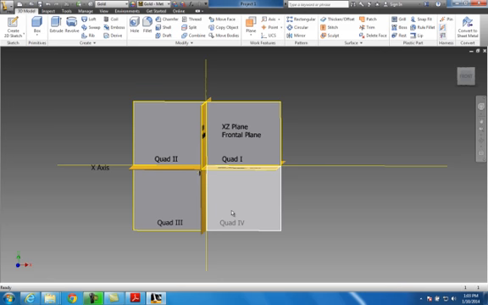It's just like Cartesian coordinates, if y'all remember that. Your origin's right in the center. You go around counterclockwise, 1, 2, 3, 4. Now, one thing that you need to understand about first angle and third angle projections, they are complete opposites. In this plane right here, it's the XZ plane.